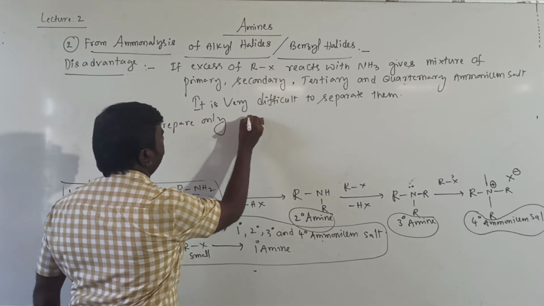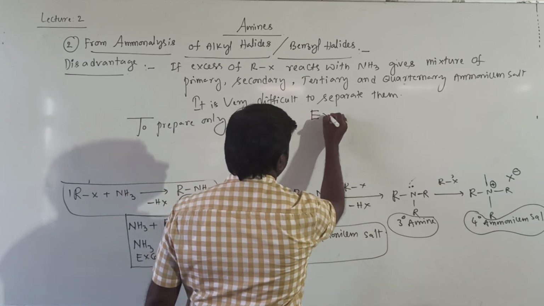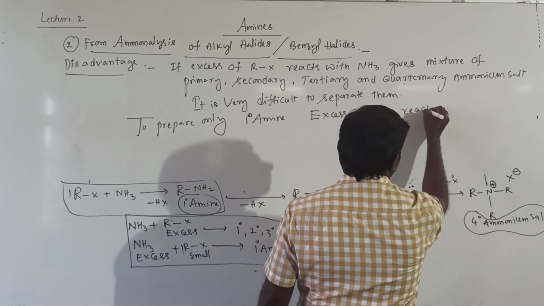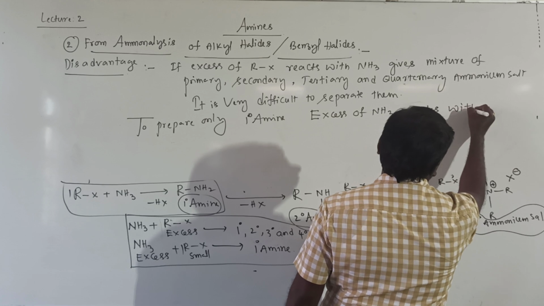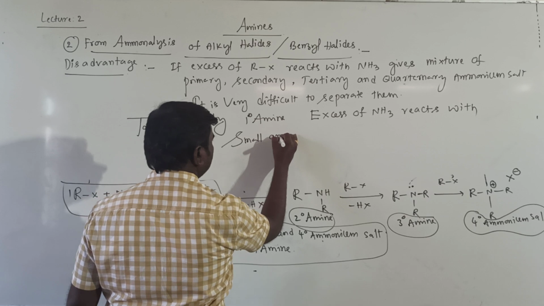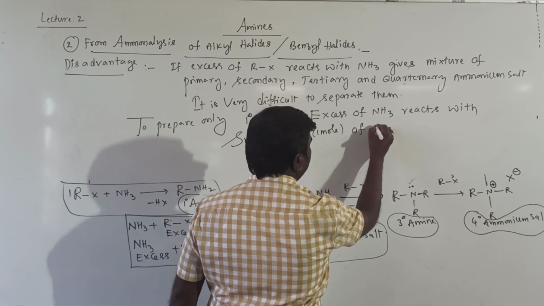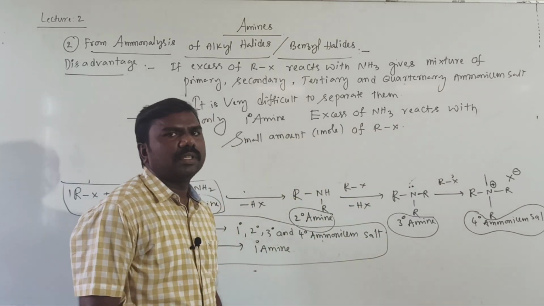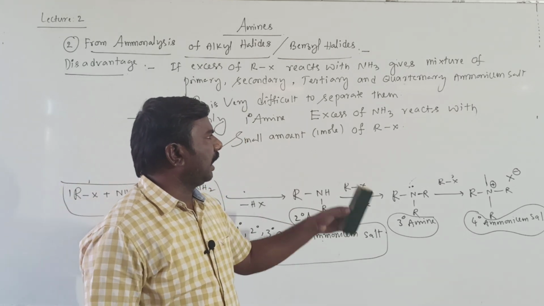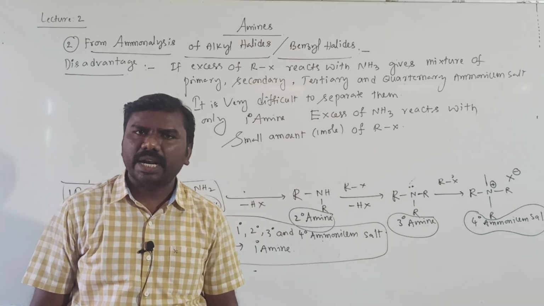Very, very important: a small amount, which is nothing but 1 mole of alkyl halide. To prepare only primary amine, we need to take excess of NH3 reacting with a small amount of alkyl halide, right?